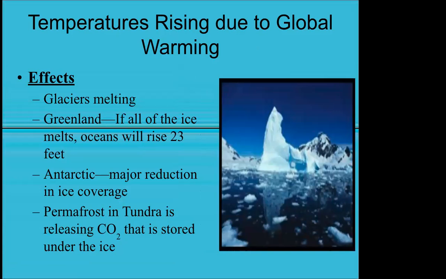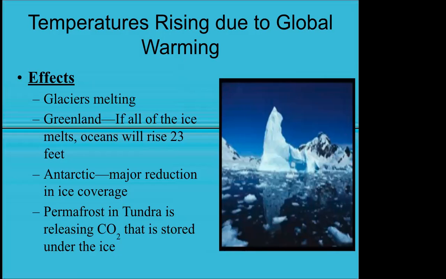Next is the temperatures rising due to global warming. So the effects of this, and you're going to see this a lot, glaciers melting. Okay? Greenland, if all of the ice melts, oceans will rise 23 feet. The Antarctic, major reduction in ice coverage, because if we have heat, what's happening to the ice?